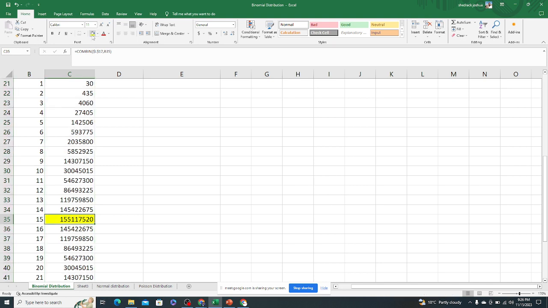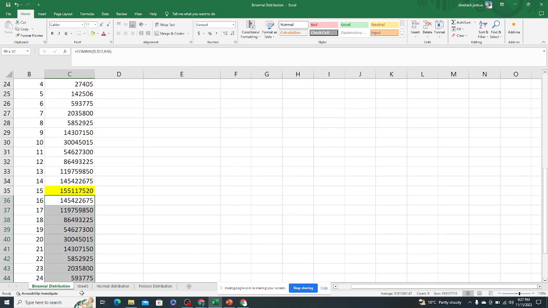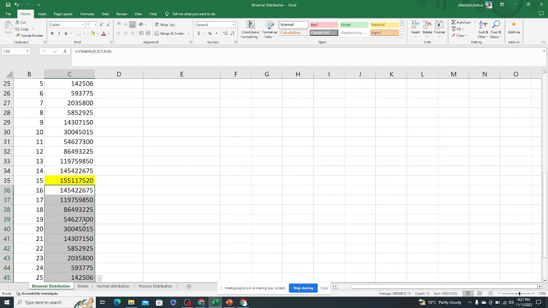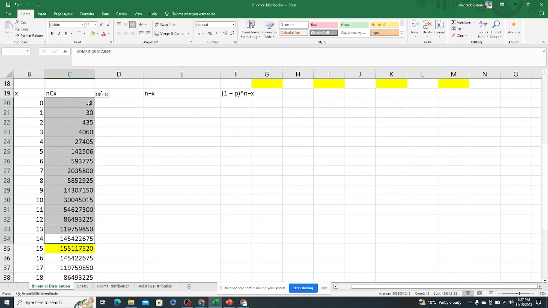You can see this is the maximum value, but as the number of trials reduces and also increases from the middle value, you can see it is assuming the same values. The values which are here are the values which are on this side.